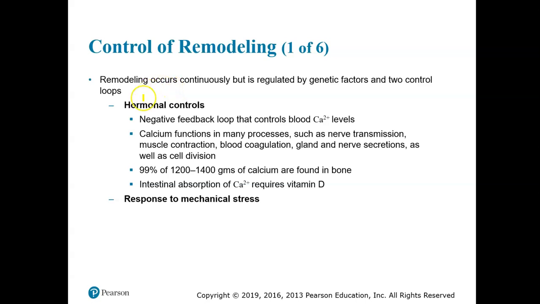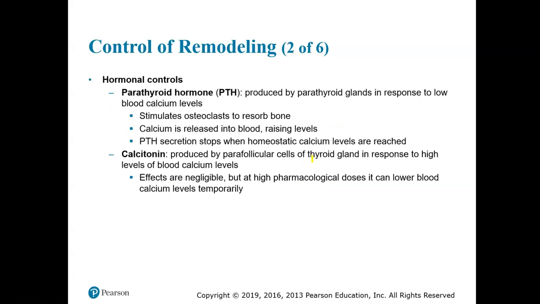So the hormonal controls of bone remodeling involve parathyroid hormone and calcitonin. It's basically a negative feedback loop that controls blood calcium levels. And it works like this: if your blood calcium levels are low, then parathyroid hormone is released.